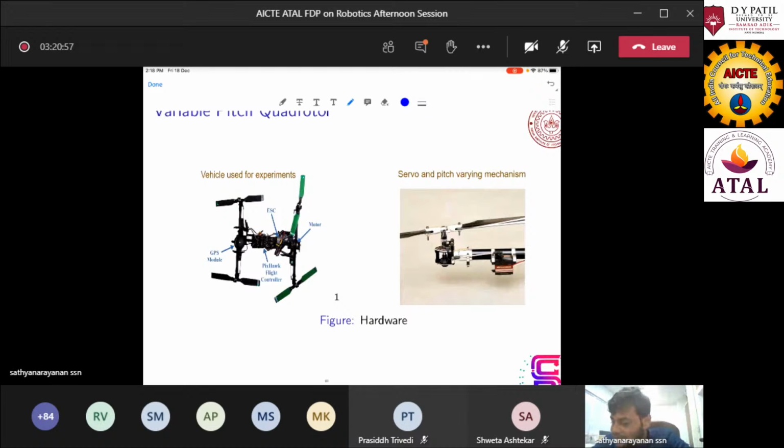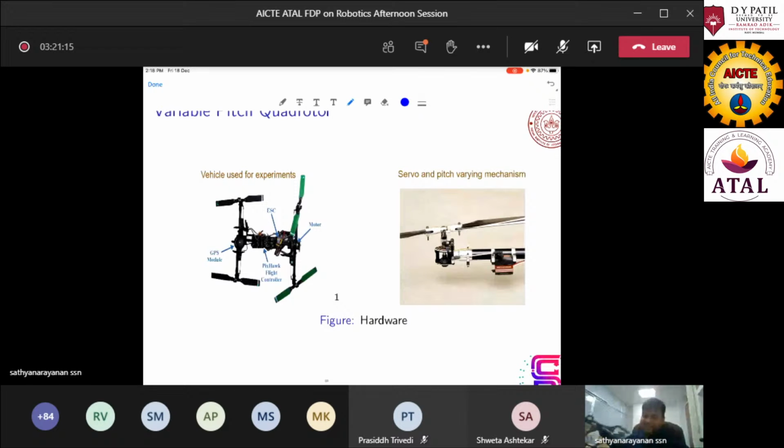So in 2015, Marka and Cutler developed a hybrid of a helicopter and a quad rotor, which is known as a variable pitch quad rotor.